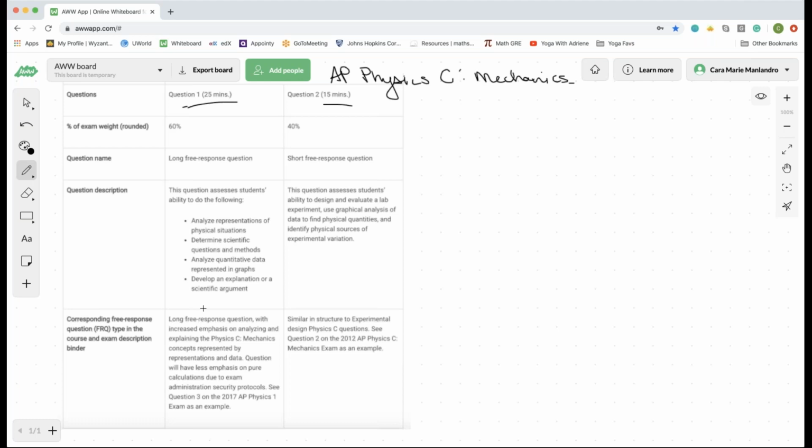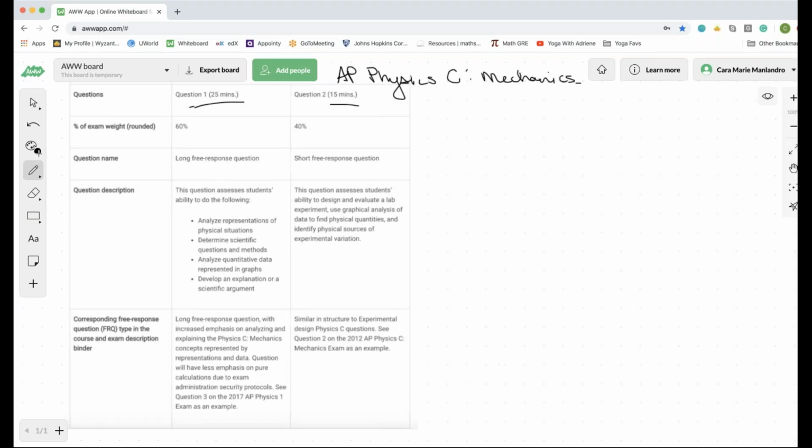So I'm not sure I would prepare necessarily any differently than I would for the normal AP exam. All right, and then the second one is going to be one of their experimental design questions. And I'm not sure if the one that I chose to go over today has one of those, but we'll see.